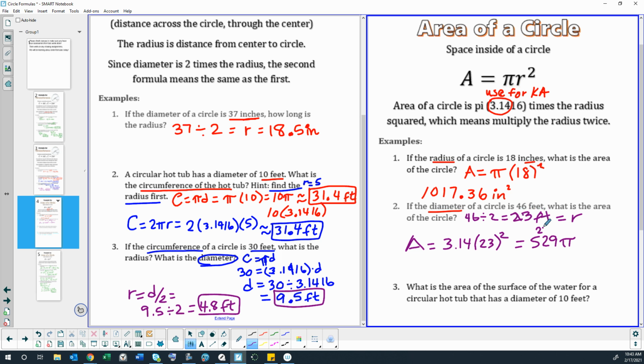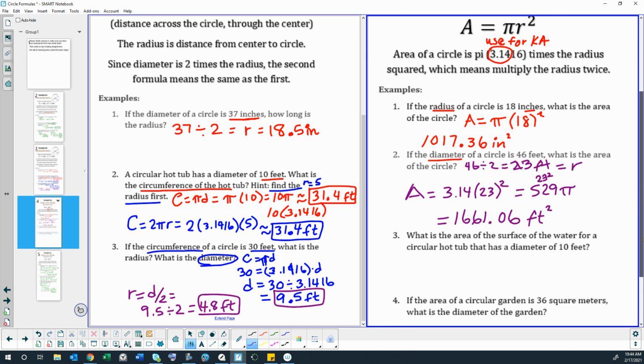That 529 was just 23 squared, so the answer is 529 pi. Now if I want a decimal answer, I do 529 times 3.14, and I get an answer for Khan Academy as a decimal instead, 1661.06. Now that will be in square feet, because the unit for the diameter was in feet.